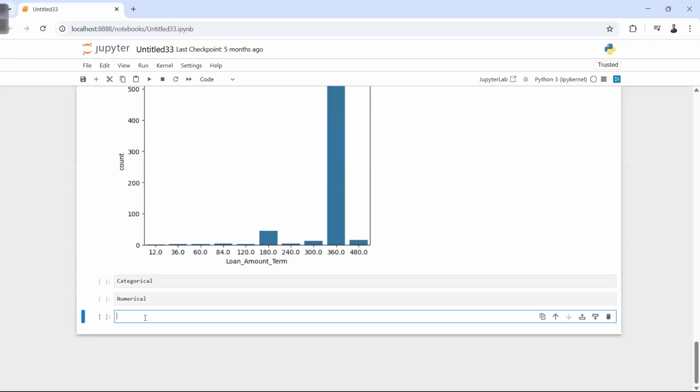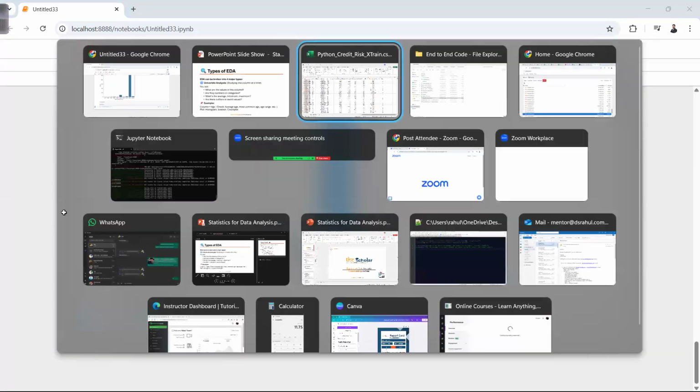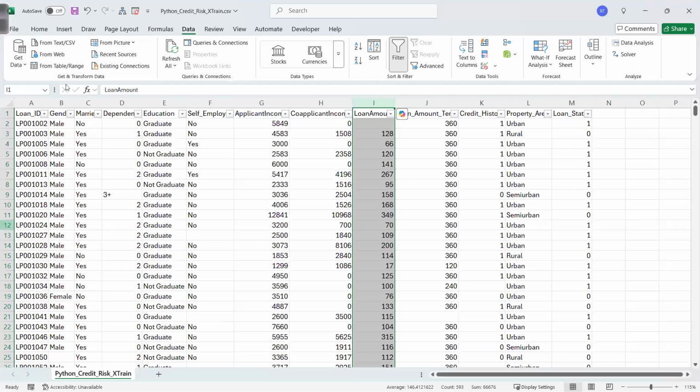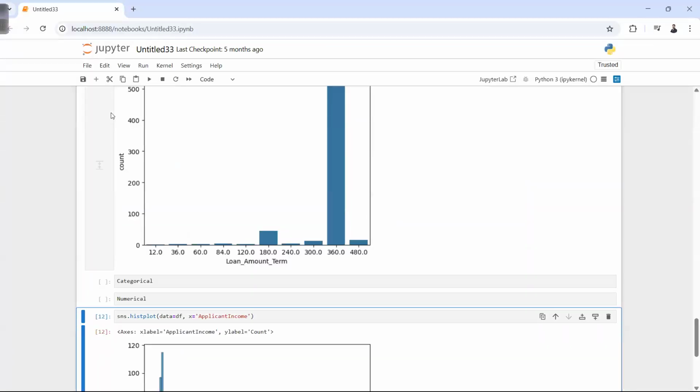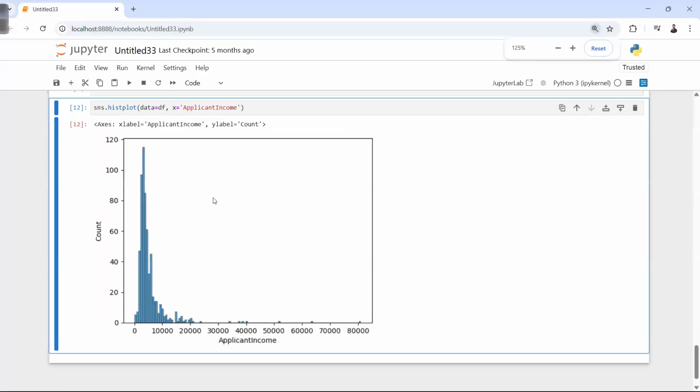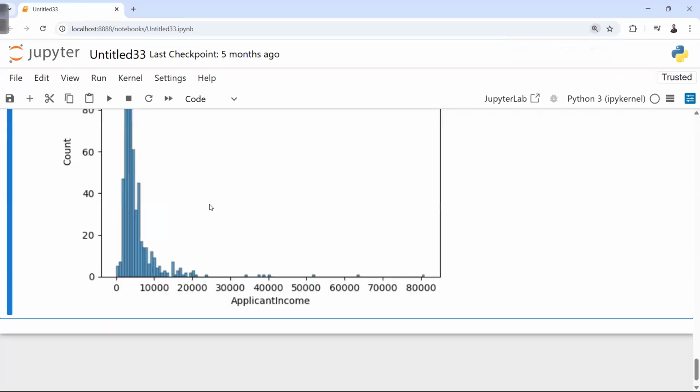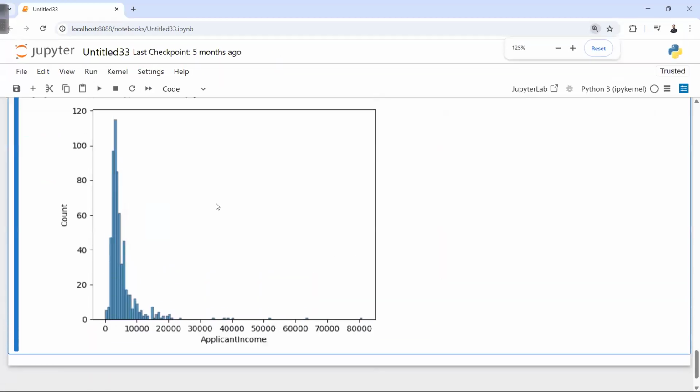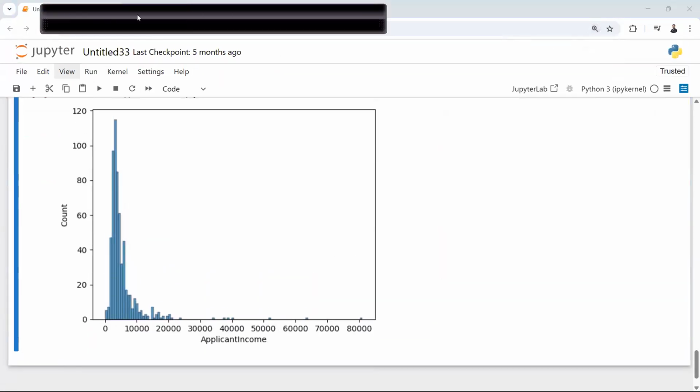So let's go ahead and write sns dot histplot, data is equal to df, x-axis is my applicant income, right? And here you can see that we got this plot. And what type of chart does it look like?